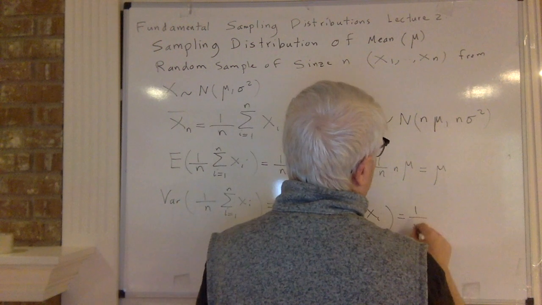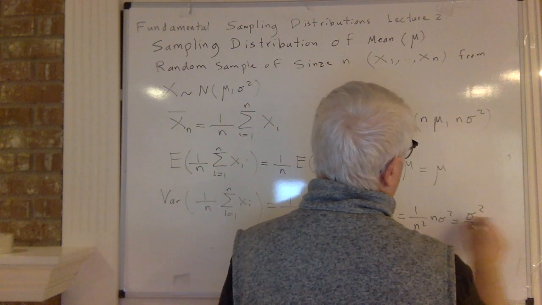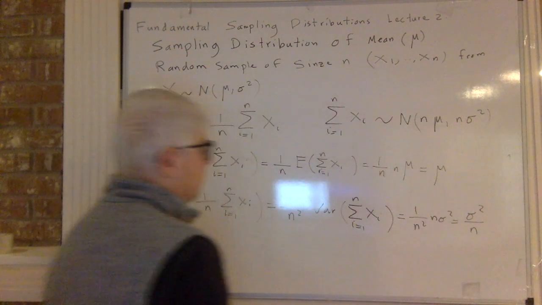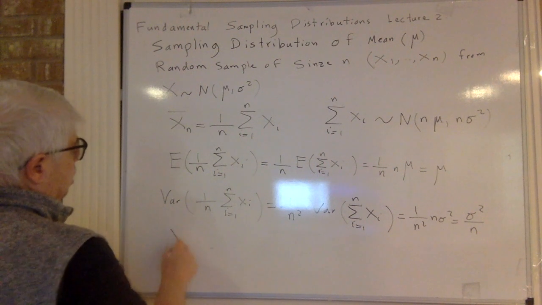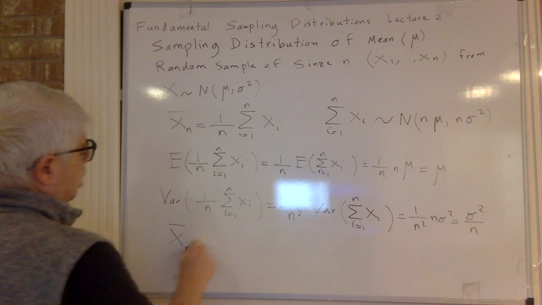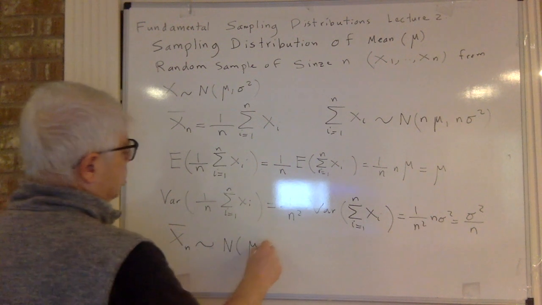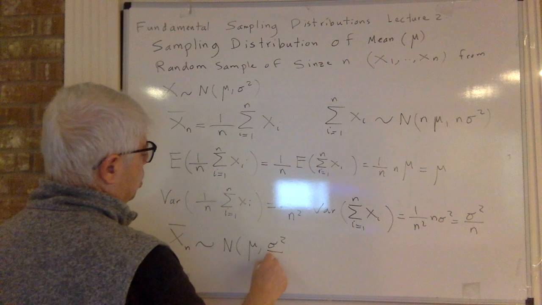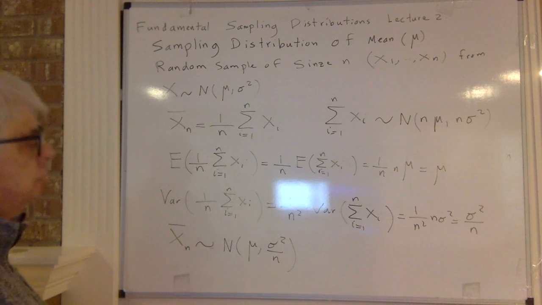So 1 over n squared n sigma squared, which is sigma squared over n. So x bar n, in fact, is N(mu, sigma squared over n).